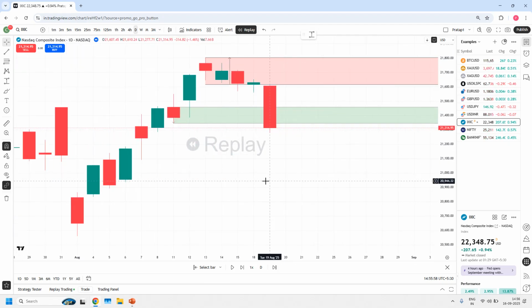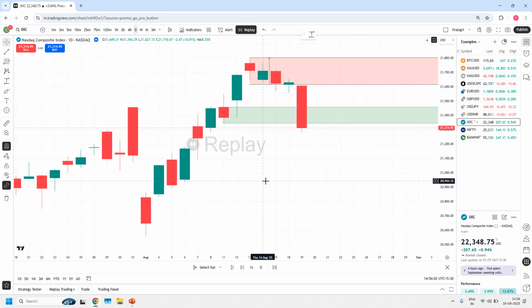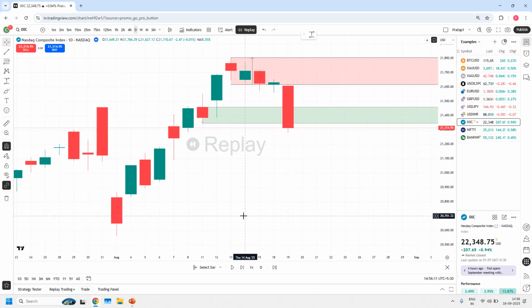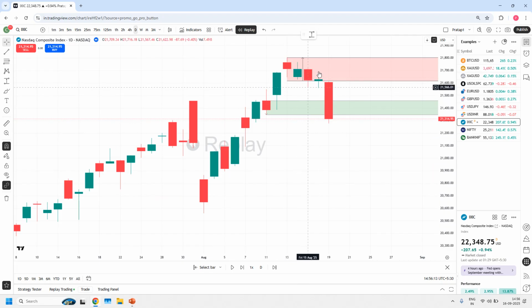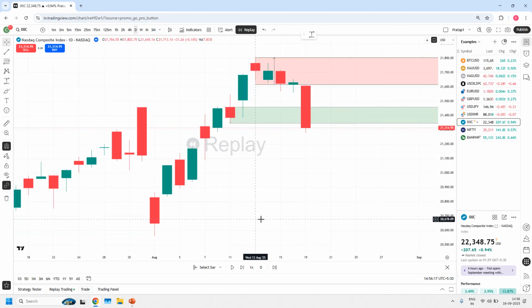I also suggested you in lesson 5, the examples video, that you should complete lesson 9.1 for drawing demand and supply zones. If anybody ignored lesson 5, the point I explained, first complete lesson 9.1. Learn how to draw demand and supply zones.